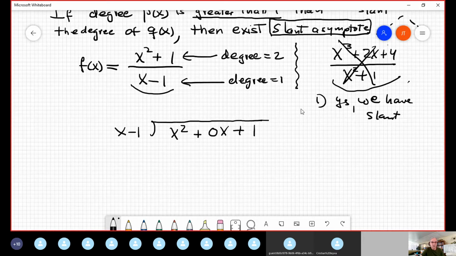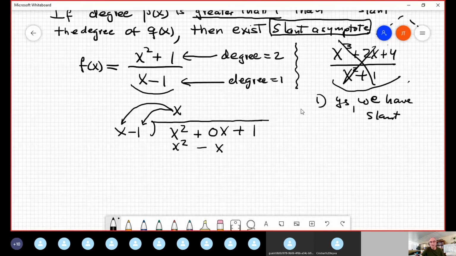In the division, it's obvious that the first term is x, because x times x is x squared. I multiply this times this and this times this. It's negative 1, so it's negative x. By subtracting, you change the sign. Remember division from elementary school, 5 divided by 2: you multiply 2 times 2, subtract, you change the sign, and get 1.